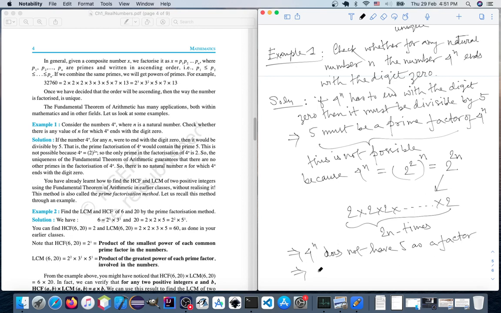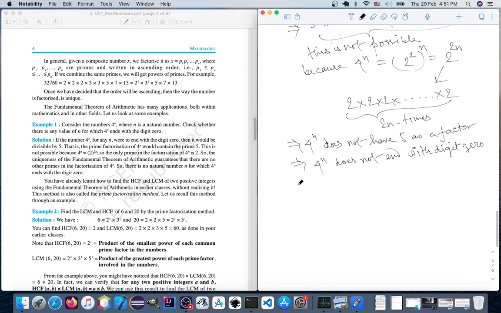This means 4 to the power n does not end with digit 0, and this essentially means no such n exists for which 4 to the power n ends with the digit 0.